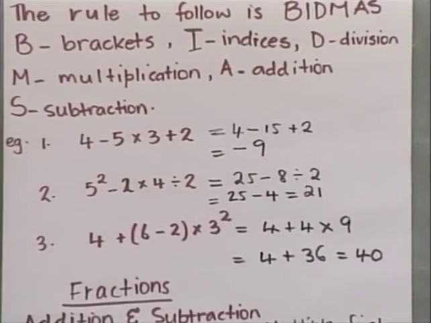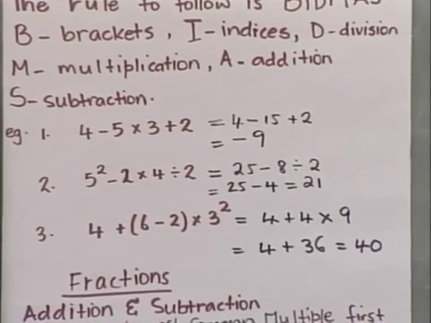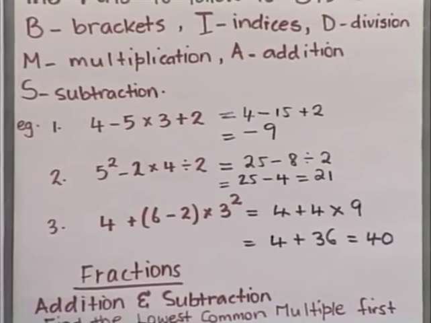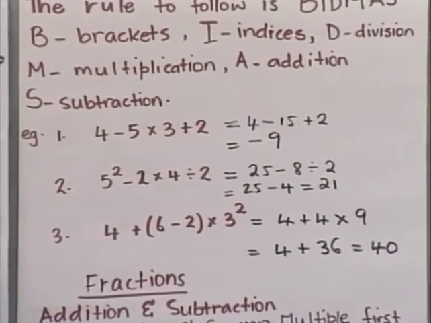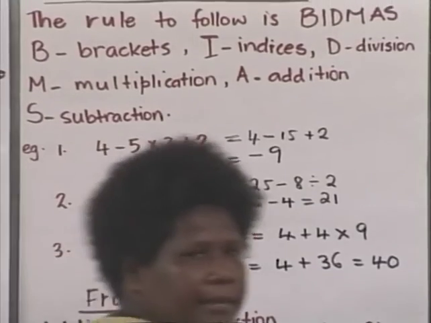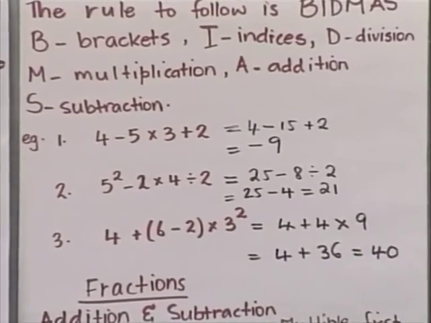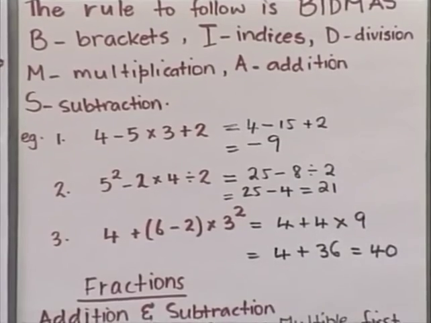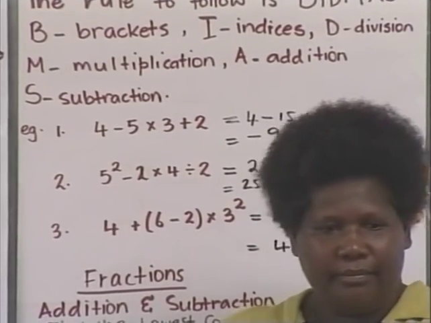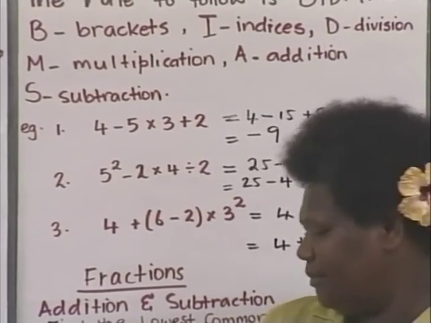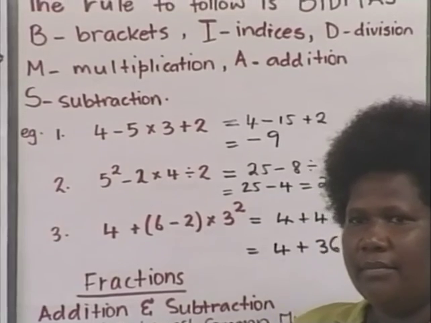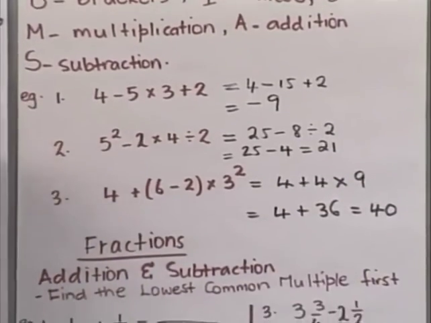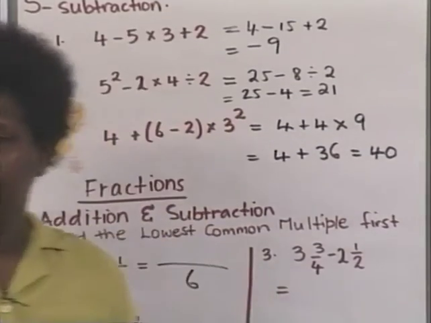Okay, with fractions, the rule is you have to get the lowest common multiple first. Okay, a half plus 1/3. What's the lowest common multiple of 2 and 3? Agnes? 6. Okay, what do we do with 6? Raylene?